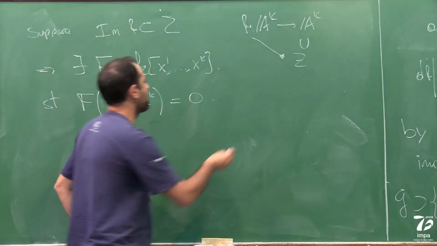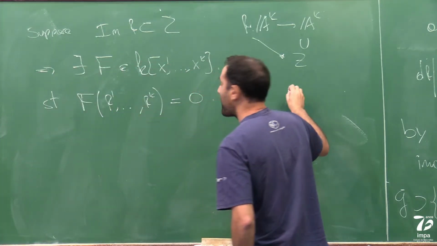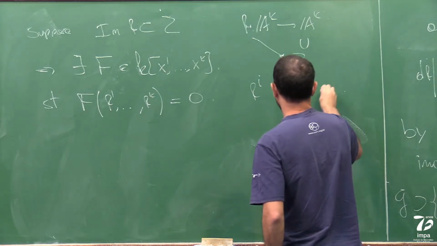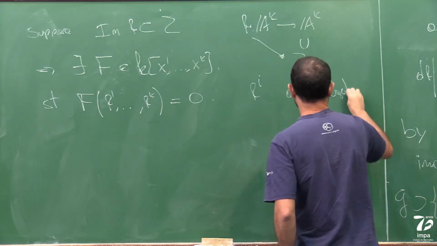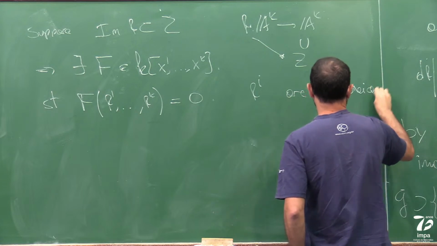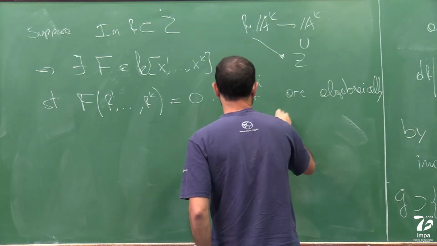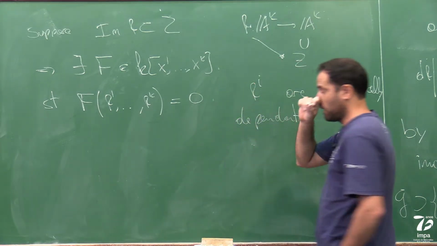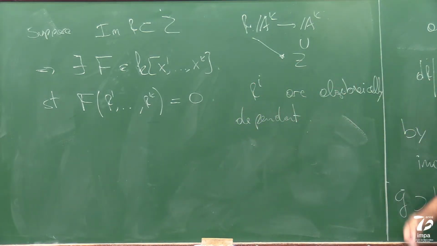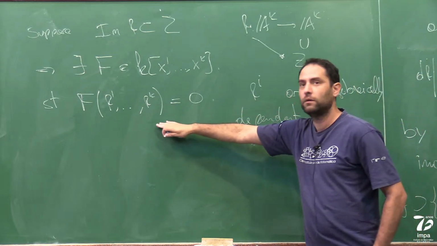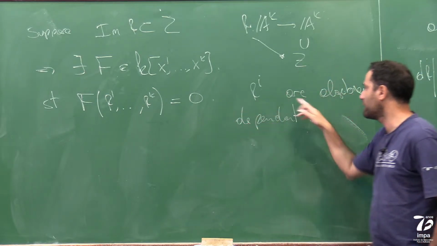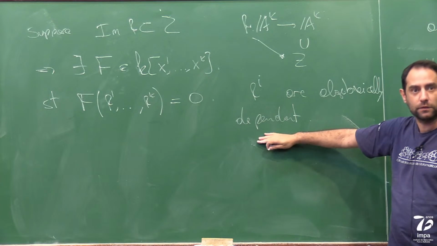In particular, these Fi's are algebraically dependent. Conversely, if there's no such polynomial, that is the definition of the Fi's being algebraically independent.